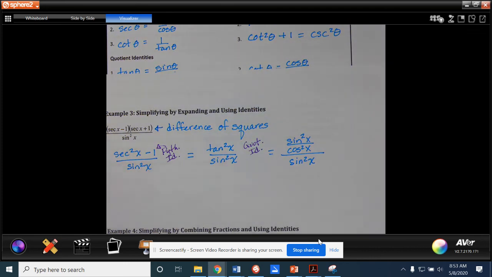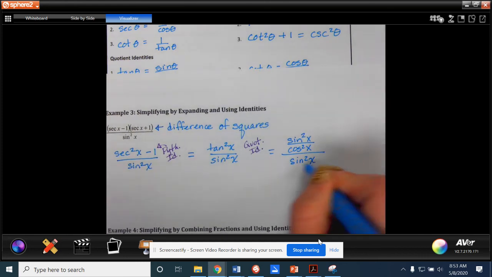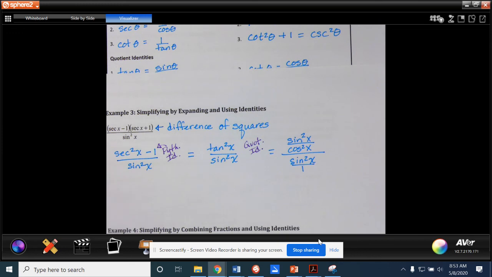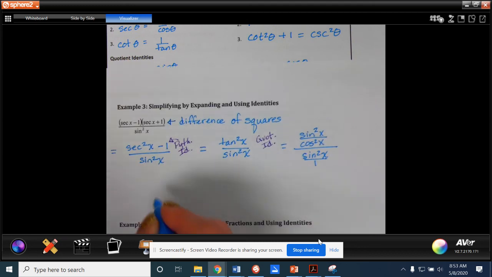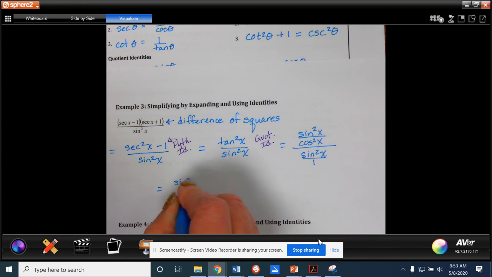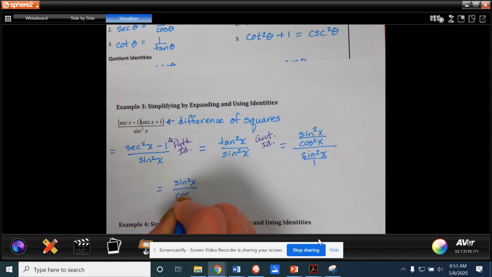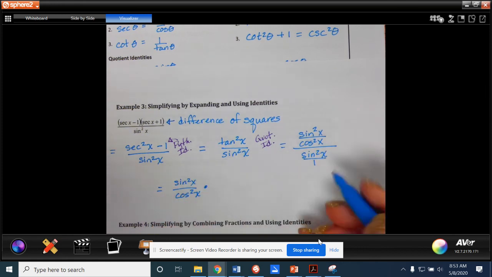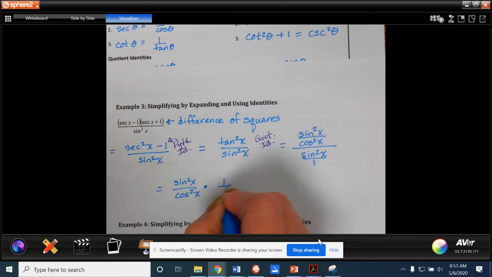Nice. Now I have a fraction inside of a fraction. So I can go, oh, sine squared x is the same as that over 1. And I would have copy dot flip, or multiply by its reciprocal. And that would take the numerator, sine squared x over cosine squared x, times this flip side or reciprocal, which is 1 over sine squared x.